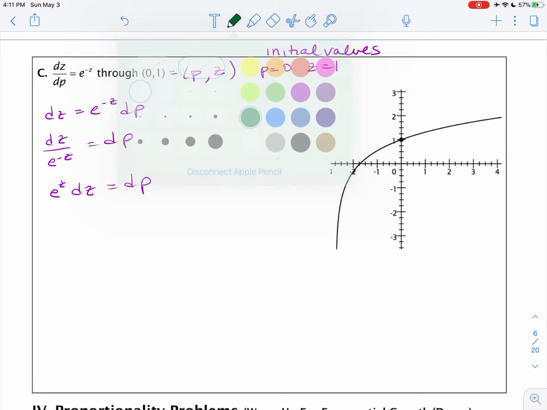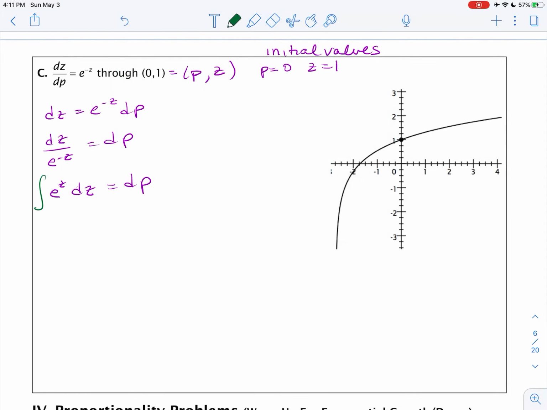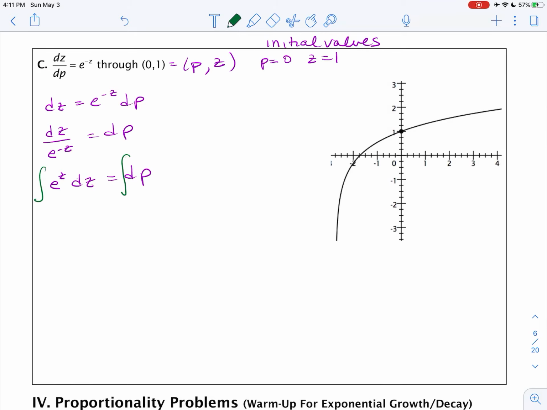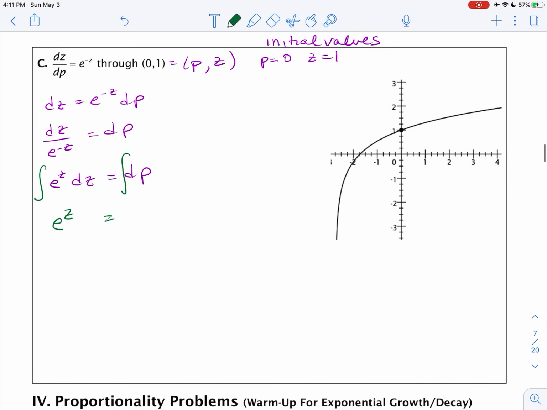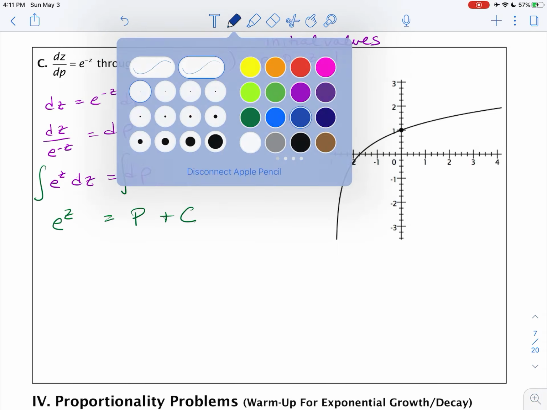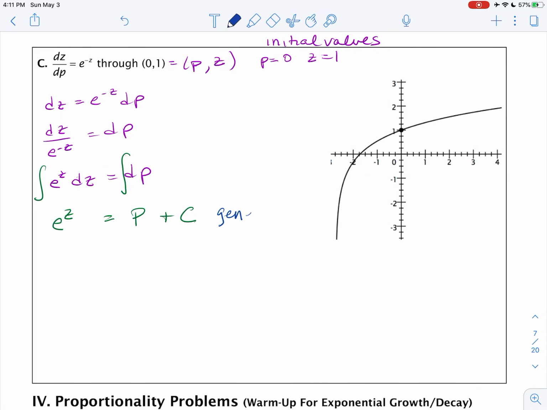And now I'm going to take the integral of both sides. So the integral of e to the z dz should be equal to the integral of dp. And the integral of e to the z is e to the z. And the integral of dp is p. Good, plus c. That's my general solution in implicit form.